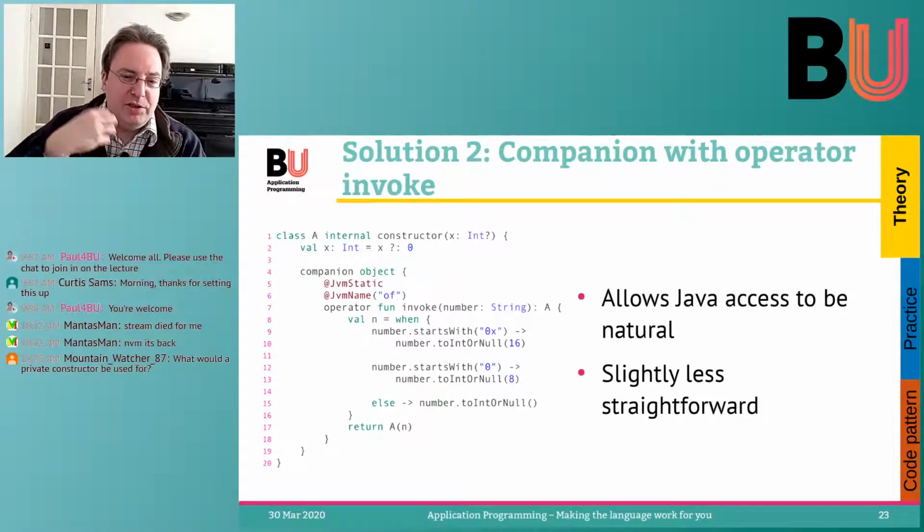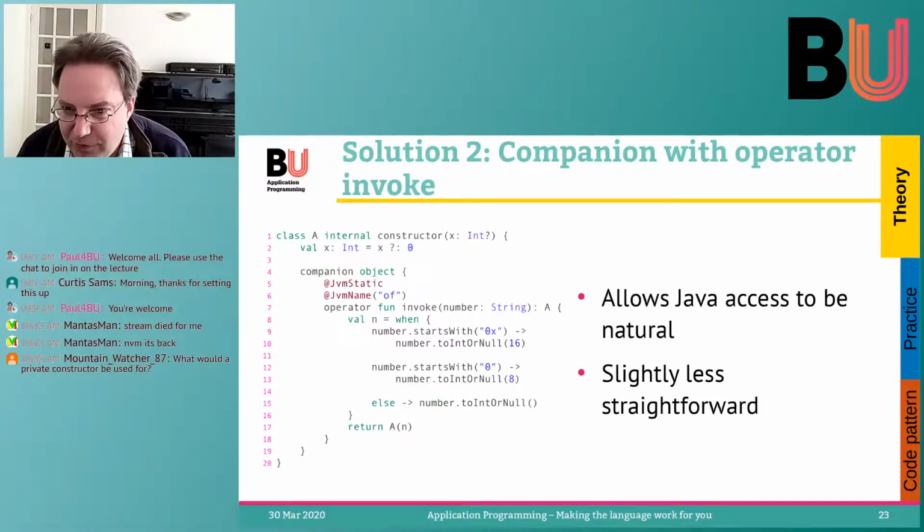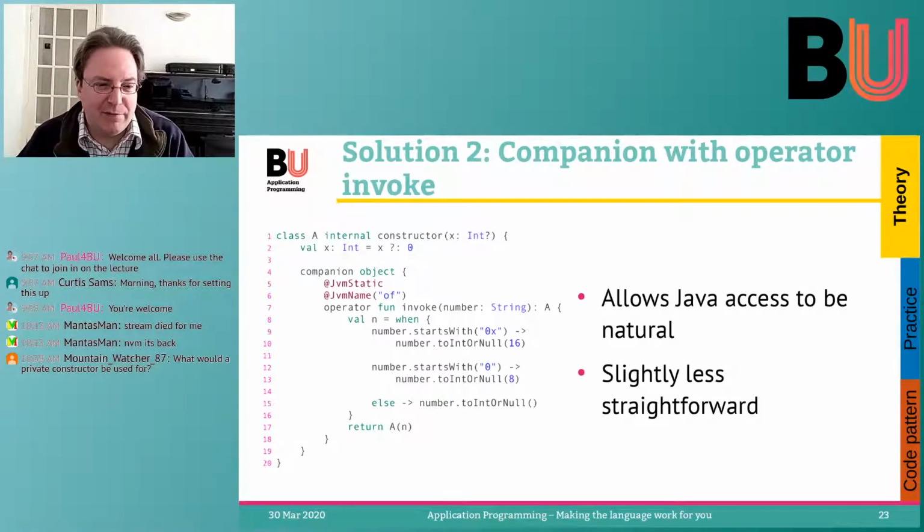But in the JVM, one of the conventions for creating an object is to call it of. So we get A.of(8), whatever object belongs with that. And that's one of the ways you can have a factory. There are different conventions for factory naming. This is one of them.